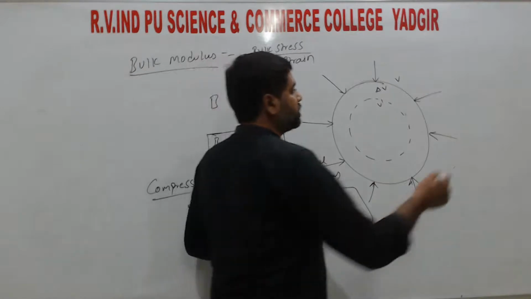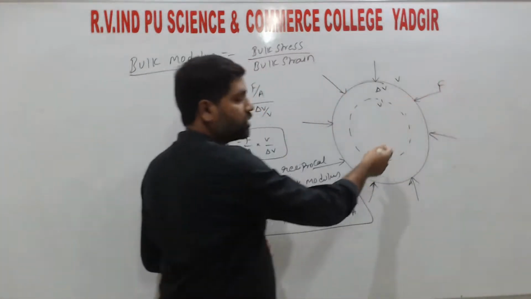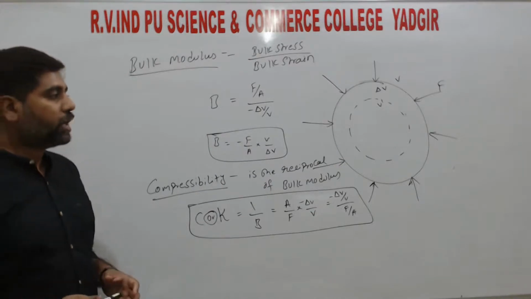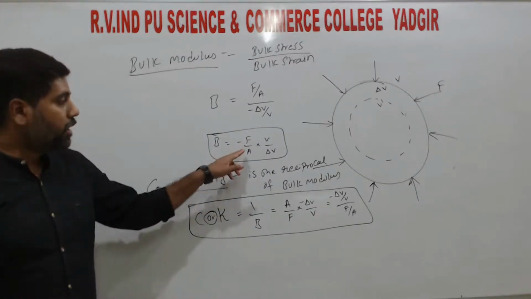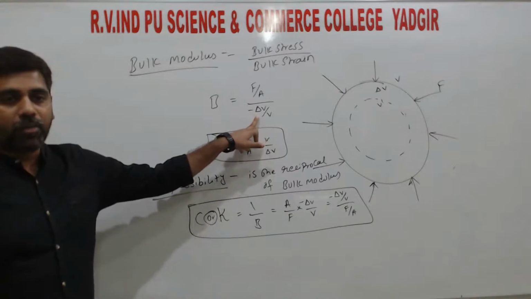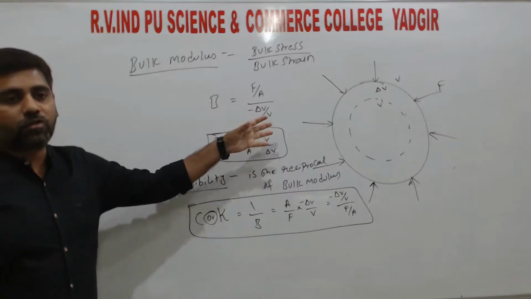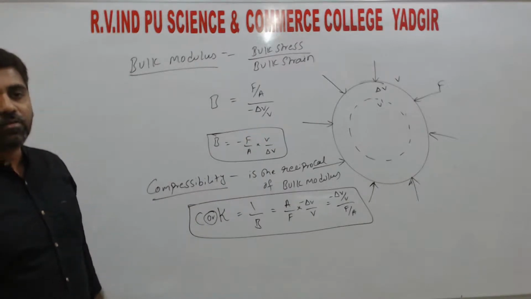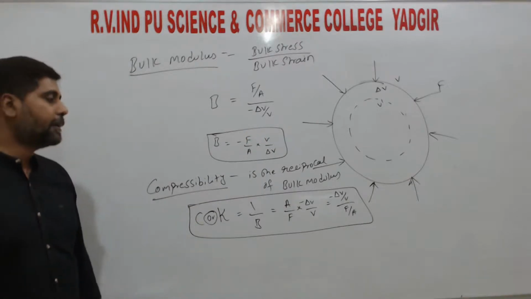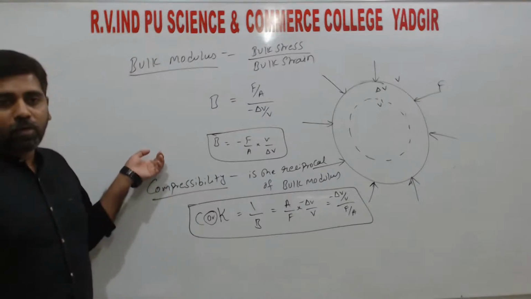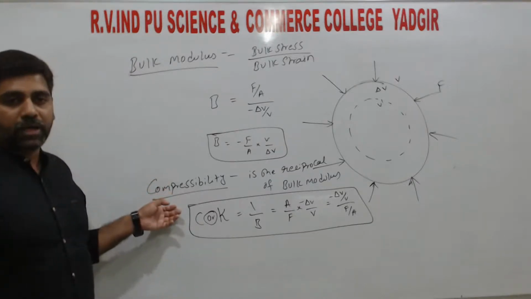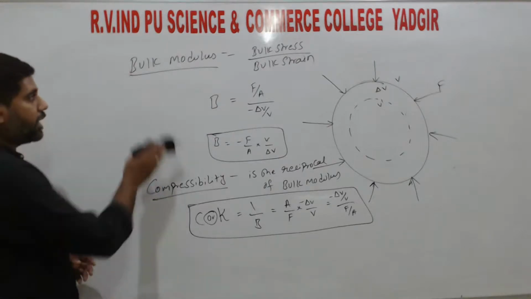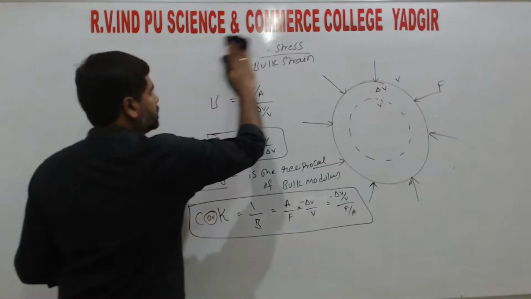Because the force acts normally, and due to that the volume decreases. Since the volume decreases, the change in volume comes out negative. So minus indicates decrease, and decrease means compress. In the name itself it says compress, which means decreases, right? So this is about the bulk modulus and compressibility, right? Now the last topic, that is application of elastic behavior of materials.